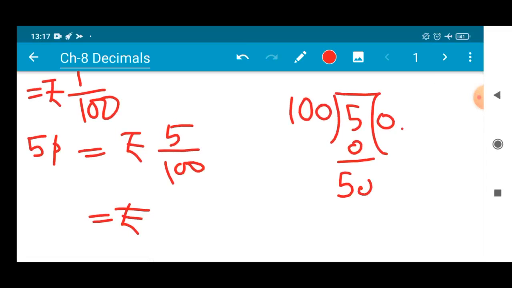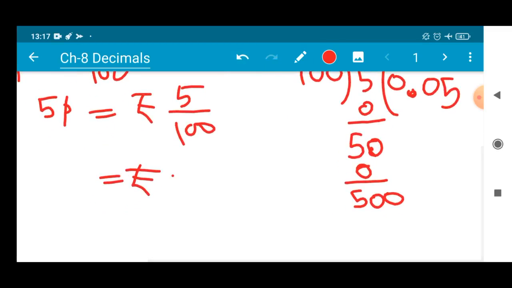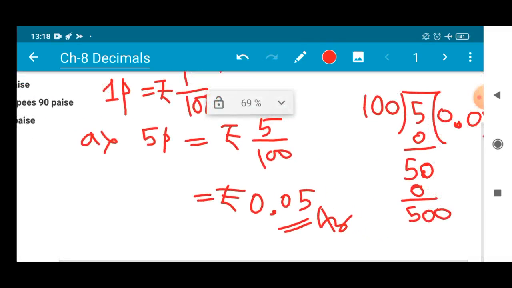Put the point, you'll get 0 there. 100 zeros are 0, 50. Because of this point you'll get 1 0 over here, which we will be getting as 0.05. That means two zeros are there, that means after the point 2 values will be there. Okay, so this is the basic concept which we have to apply. So 5 paise means it is 0.05 rupees.